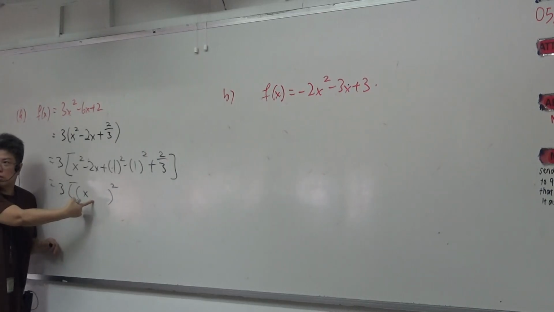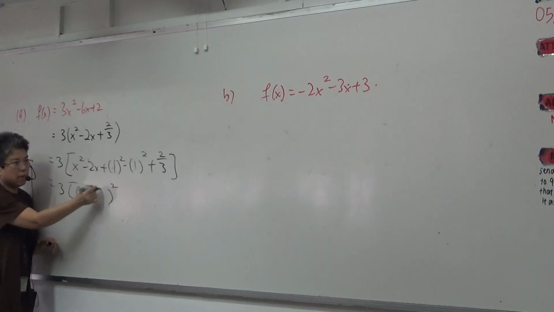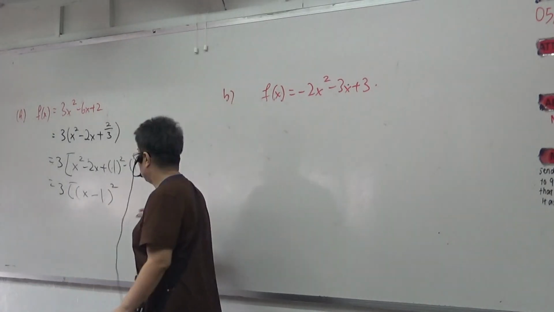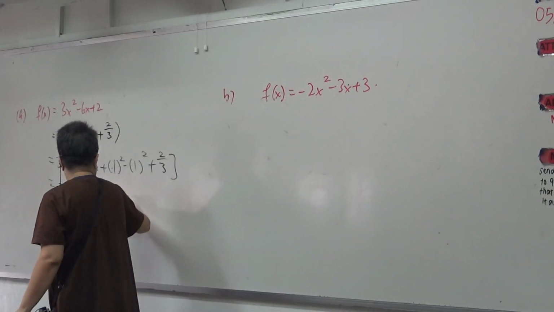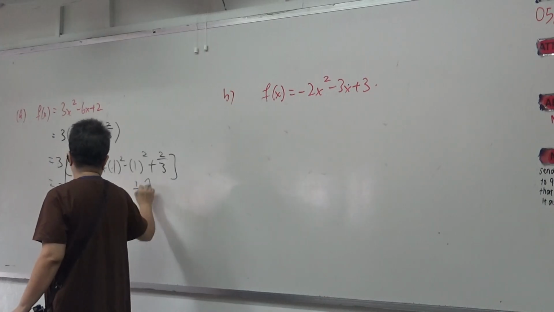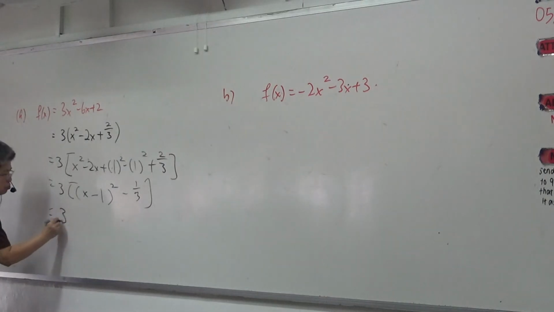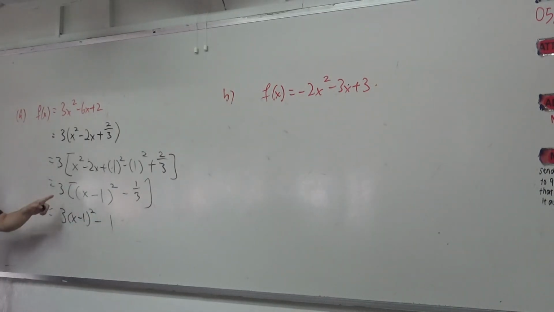Minus, right? Okay, what's minus 1 plus 2/3? Yes, correct. Minus 1/3, right? So when I multiply back, I will get 3(x minus 1/3) squared minus 1. Correct? Because I multiplied it. Yes or no? Yes.